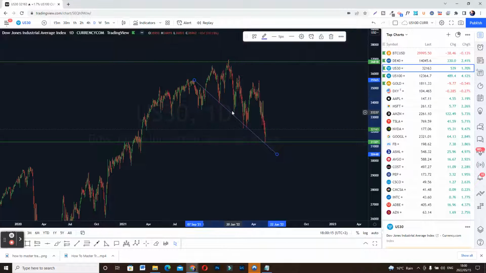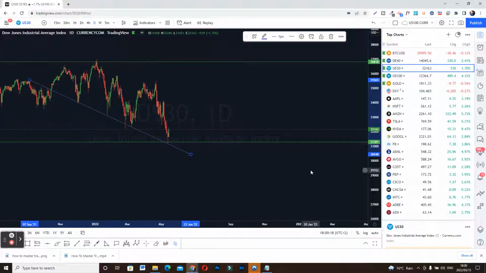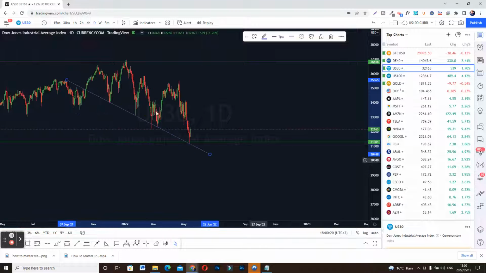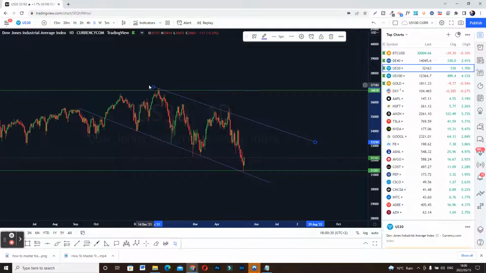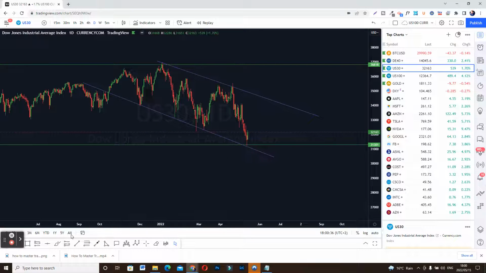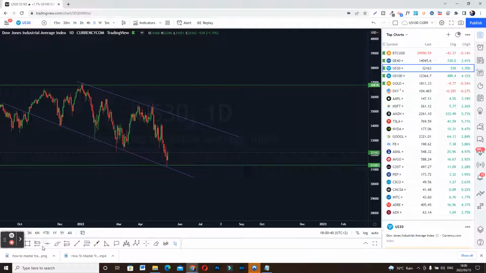We have a first touch, second, third, probably the fourth touch here, but this one didn't really get there, but it's close enough. And we have a trend to the downside, like so. First, second, and we are anticipating the fourth touch here, right here.